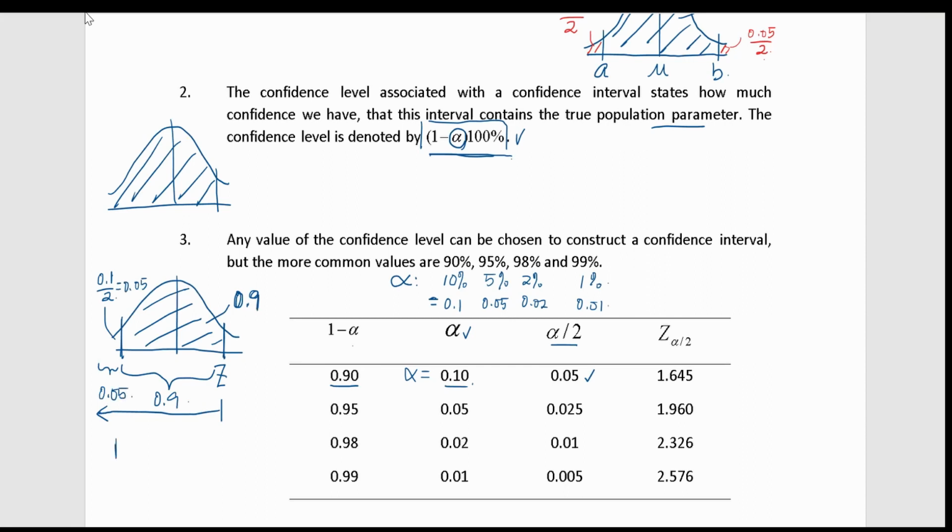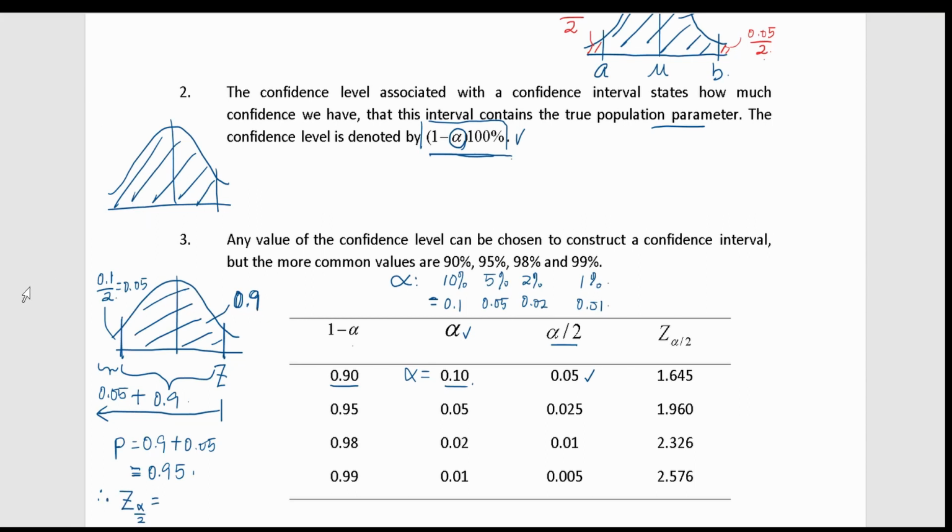The probability we want is the total of 0.9 plus 0.05, which means we look at the probability of 0.95 in order to get the z-score value, which is z of alpha over 2.